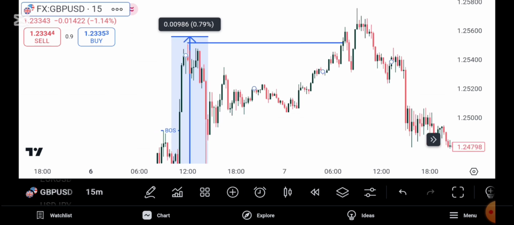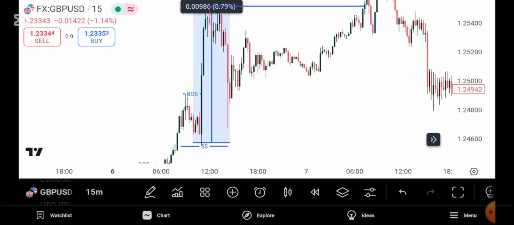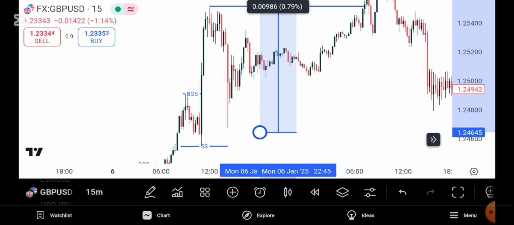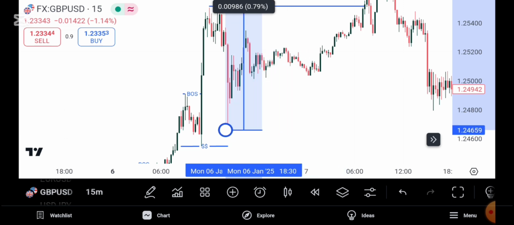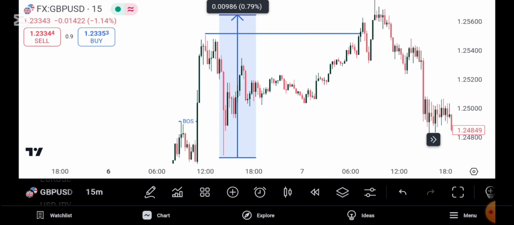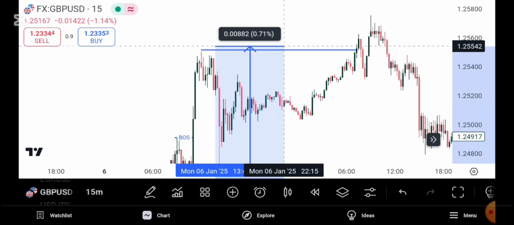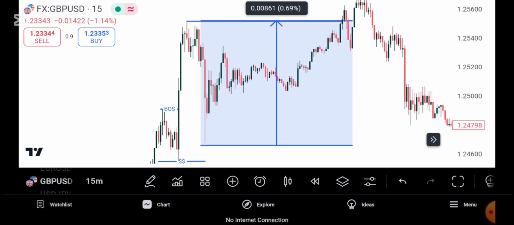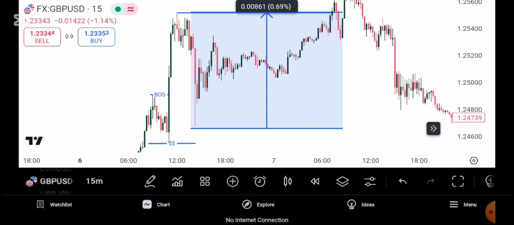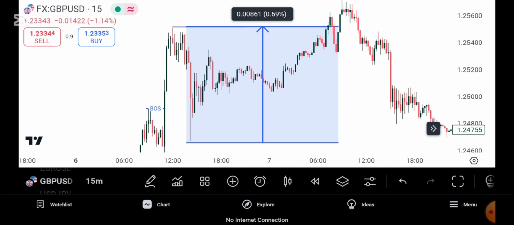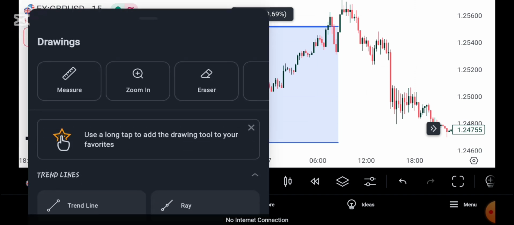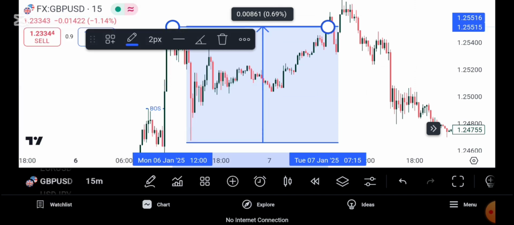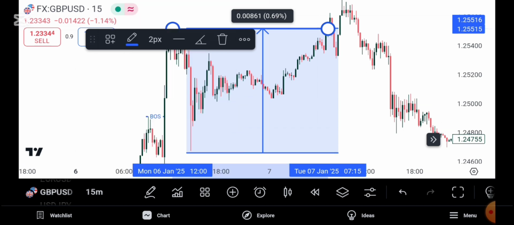After that break of structure, our low shifts to this point, and that zone is the zone that the market covered. This was the lowest low, this is the highest point, and you can see now we have another break of structure, as I've shown you with this one, 15 minutes BOS.